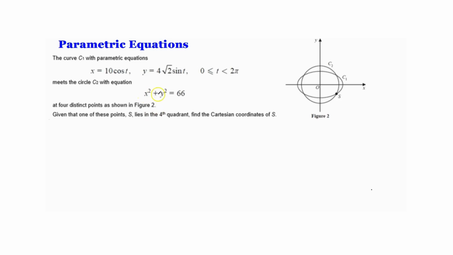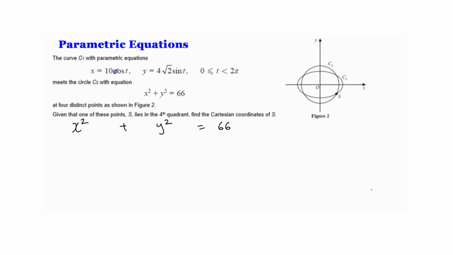We're given the equation of the circle here, which is x squared plus y squared equals 66. But our parametric equation here, we have x as 10 cos t.